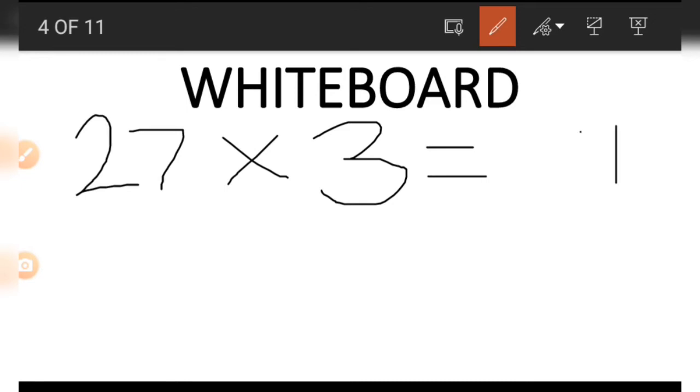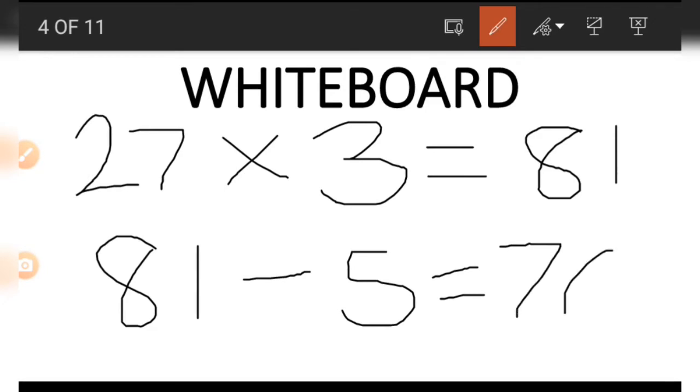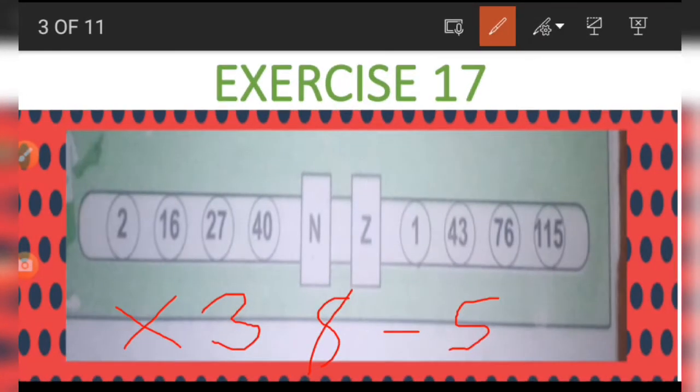Now when we multiply this, we are going to get the number 81. 3 times 7 is 21. Put down 1, carry 2. 3 times 2 is 6 plus 2, 8. Alright? So we deal with the second imaginary number by subtracting 5 from 81. What are we going to get? Of course, 76. So that is why the number on the right hand side is 76.